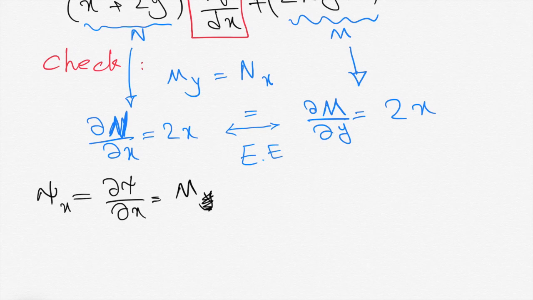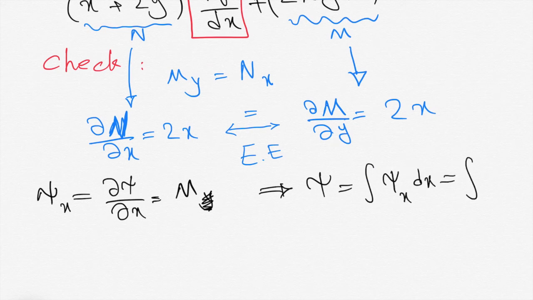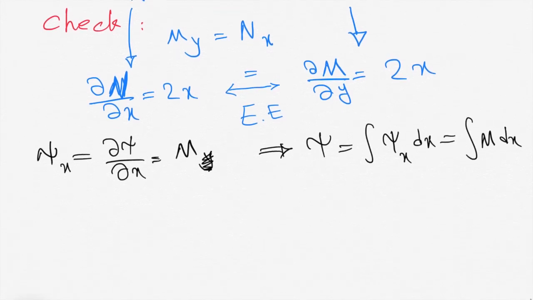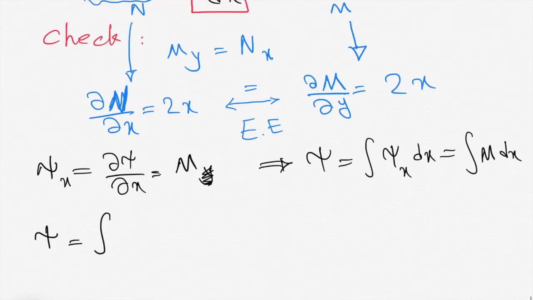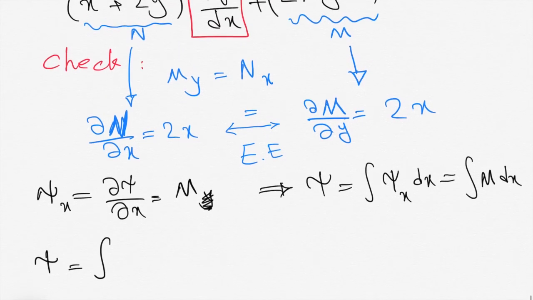This is our point in the whole exact equation. Therefore, what is psi? Psi will be the antiderivative of psi x dx, which is the antiderivative of m dx, right? So psi will be... what was the m?